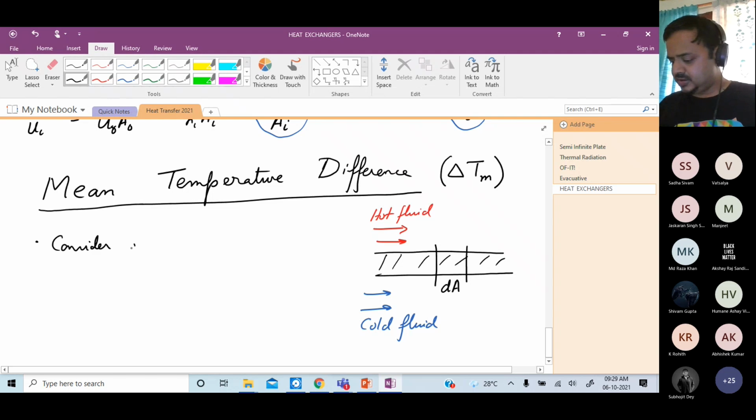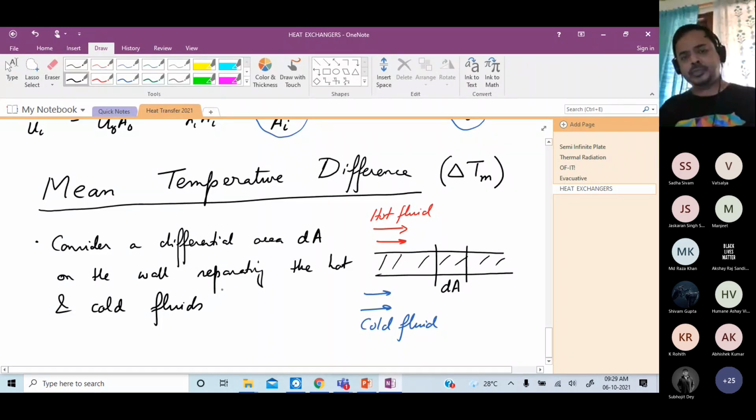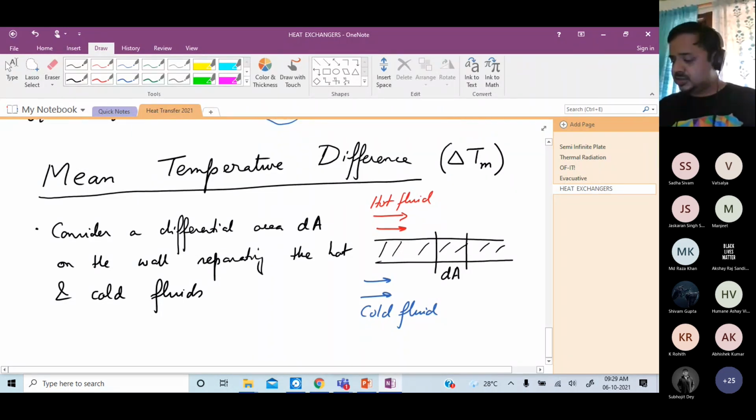So consider a differential area dA on the wall separating the hot and cold fluid. What is the temperature difference?